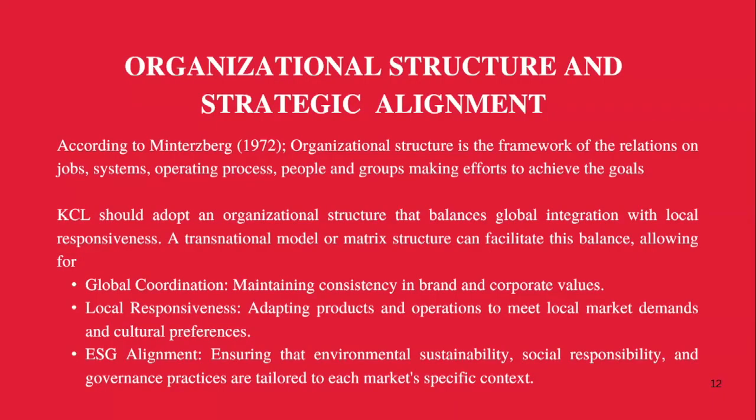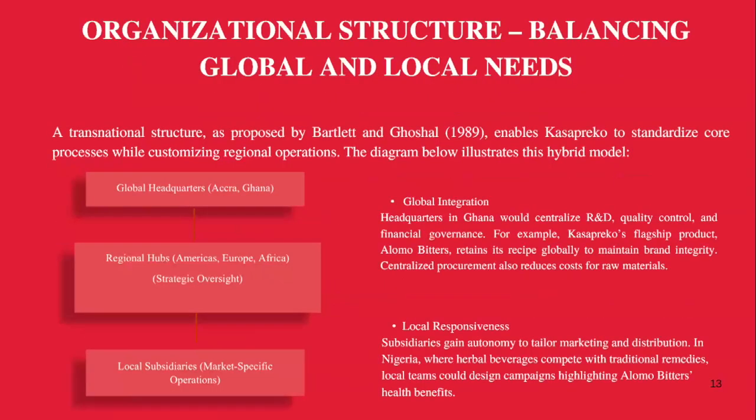It basically talks about how the company will be run. So Casapreco Company Limited should adopt an organizational structure that balances global integration and local responsiveness. So organizational structure, balancing global and local needs.